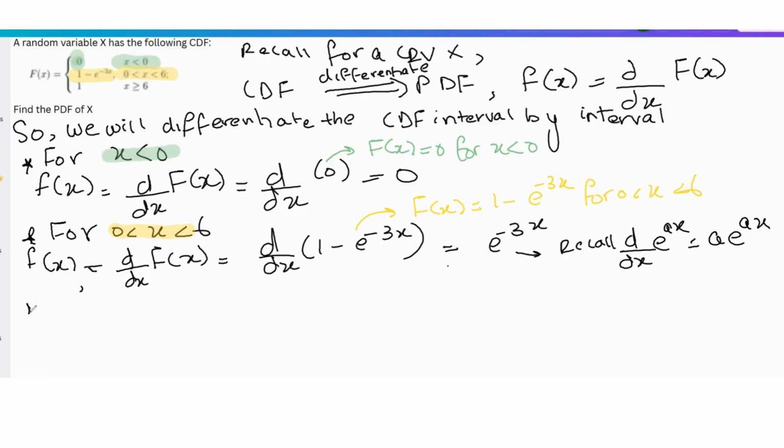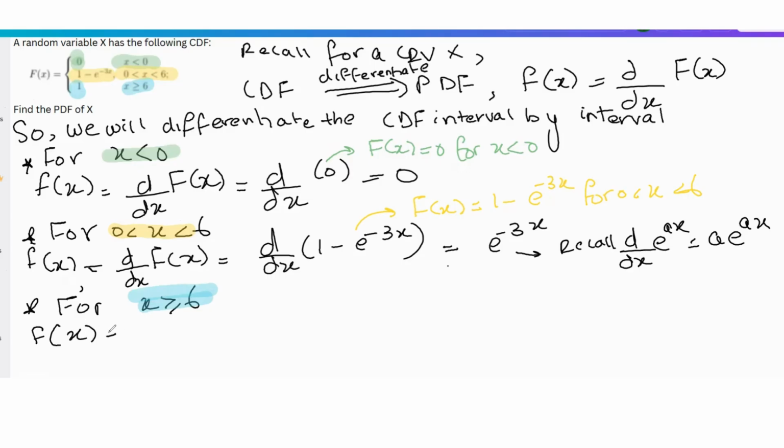Let's do it for the last interval in the CDF, for x greater than or equal to 6. This is the last part of the CDF that we want to differentiate to find the PDF.